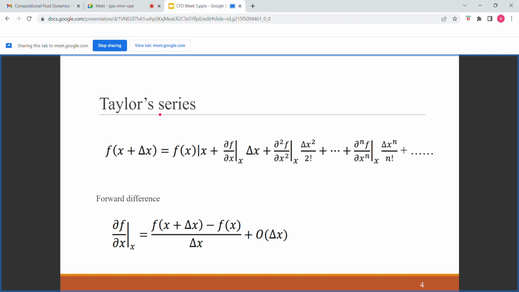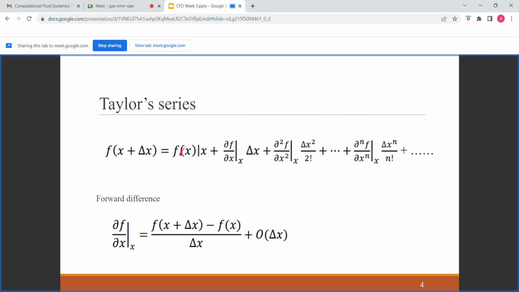Like a quick recap, if we take this term that side and divide it by delta x, we will get dou f by dou x at point x is equal to f of x plus delta x minus f of x at x by delta x. That is, all these three terms remain, and we are eliminating all these terms.